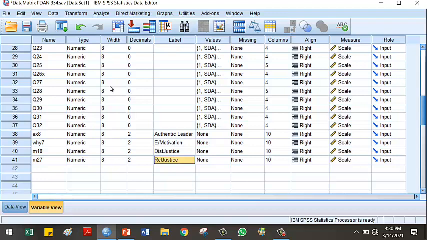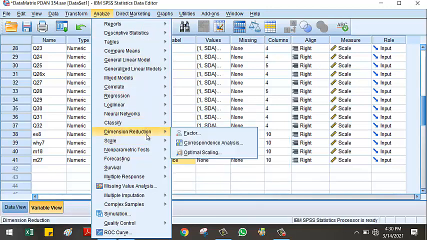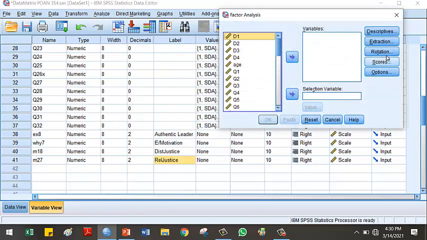If not, then we have to exclude them from our analysis. So let's go to compute the statistics about factor analysis: analyze, then dimension reduction, factor analysis.